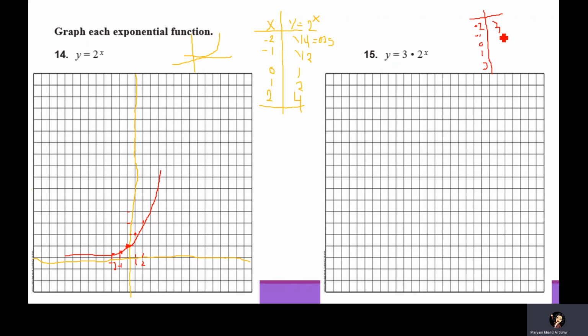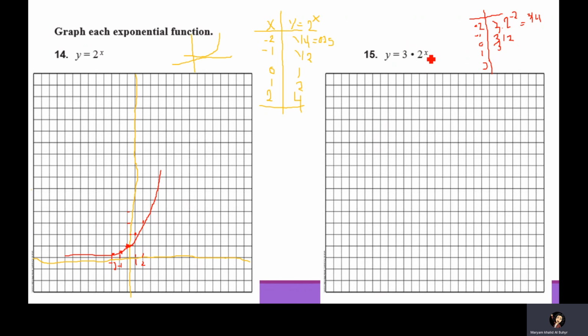So that will be 3 times 2 to the power negative 2, which will be equal to, you will move this down, so it will be 3/4. So 3/4 is like this. Now, if you have negative 1, it will be 3/2. Then you have 0, it's 3. You will substitute here, so that will be 1, so it's 3.